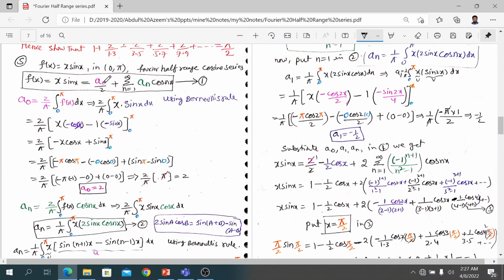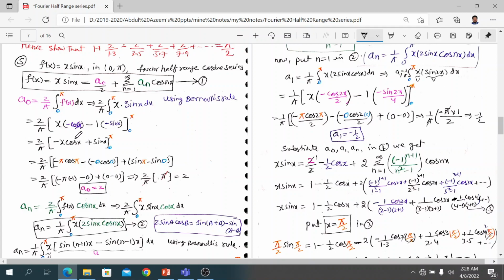First we will find a naught, that is 2 by pi integration 0 to pi f of x dx. What is f of x? x sin x. So using Bernoulli's rule, first u: x as it is, minus derivative of x, 1, into the integration of sin x, minus cos x, minus integration, minus sin x. Now upper limit minus lower limit.